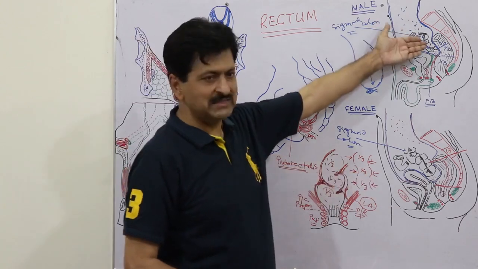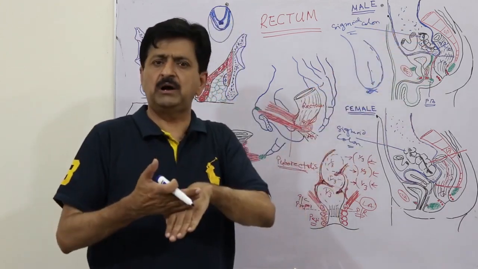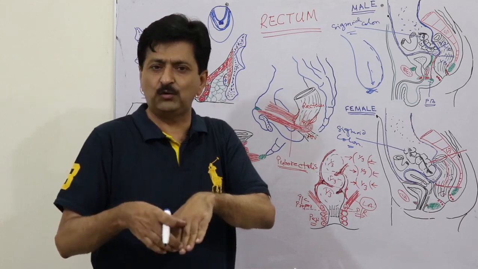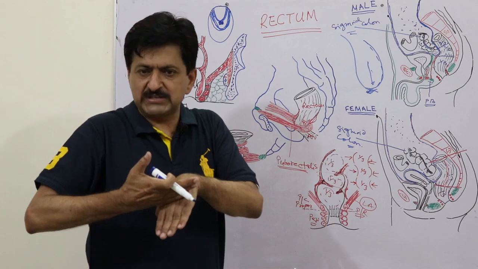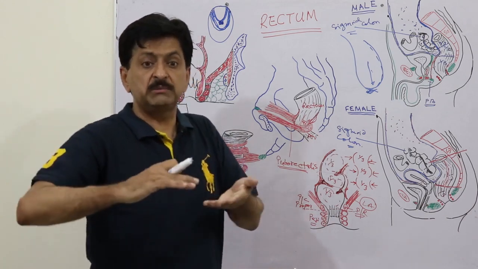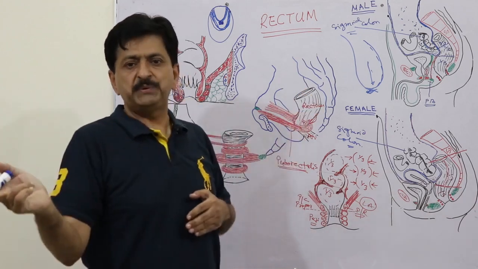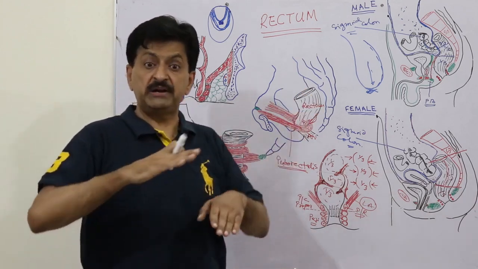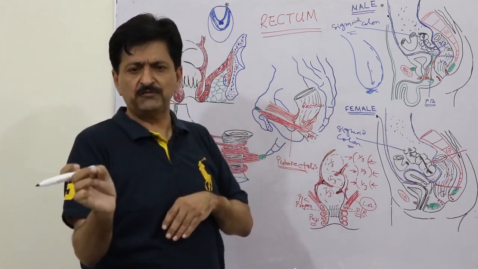In case of male, again the same, but this time when it is reflecting anteriorly, right at the same upper 2/3 and lower 1/3, or you can say middle 1/3 and lower 1/3, it is coming anteriorly, but this time it goes onto the posterior surface of the base of the urinary bladder, the top surface of the base, covering 1/4 of the posterior surface.